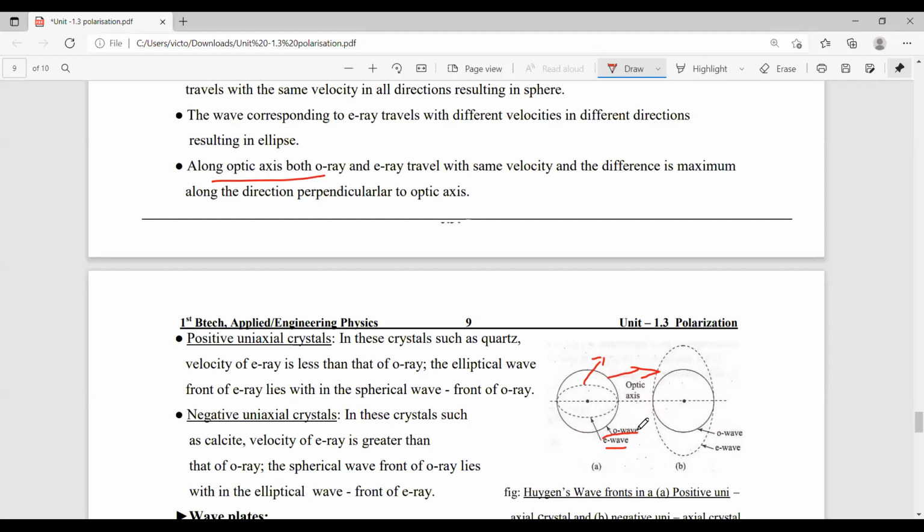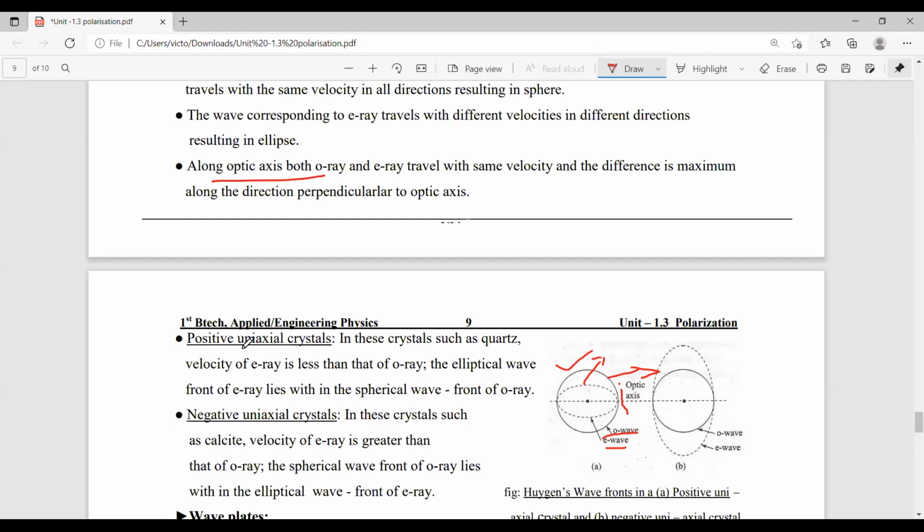So as the velocity of O ray is more, when you observe the figure, here the O ray, that means the circle, is in first position. After that, the E ray, that is in elliptical shape. So this case is called positive uniaxial crystal.